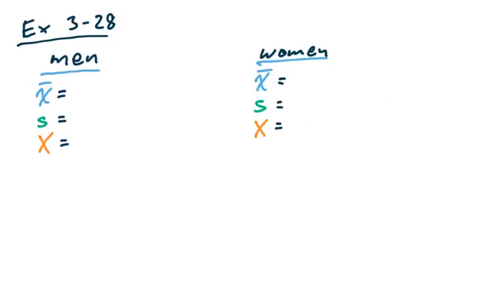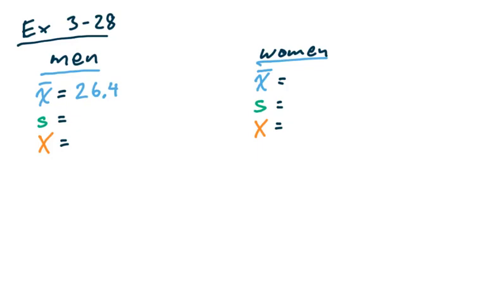Okay, let us continue on to another example looking at relative position in order to compare two different samples that are coming from two different populations. So here we're talking about marriage ages. In a recent study, the mean age at which men get married is said to be 26.4 years, with a standard deviation of 2 years.